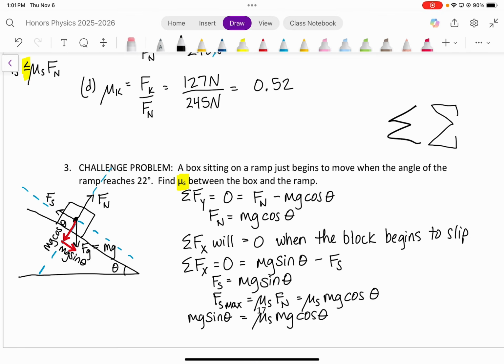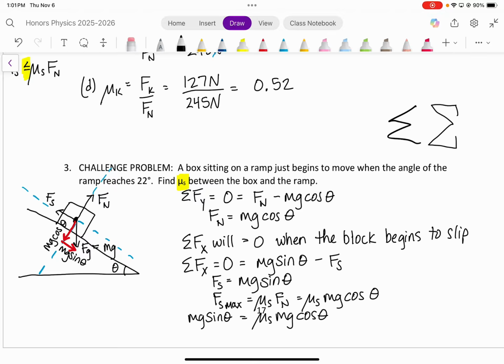Look back at your notes if you need to. I'm not asking for a formula. I'm asking you to tell me what is mu s. What is it? Coefficient of what kind of friction?